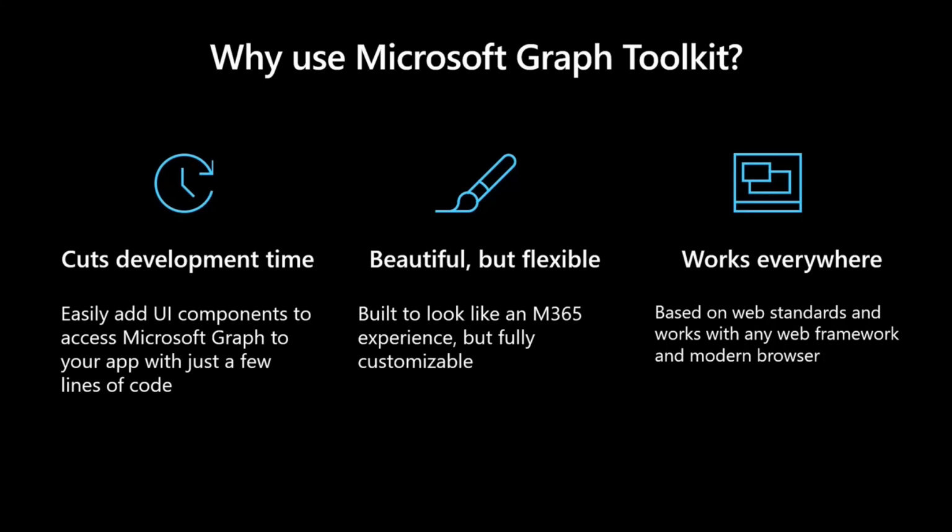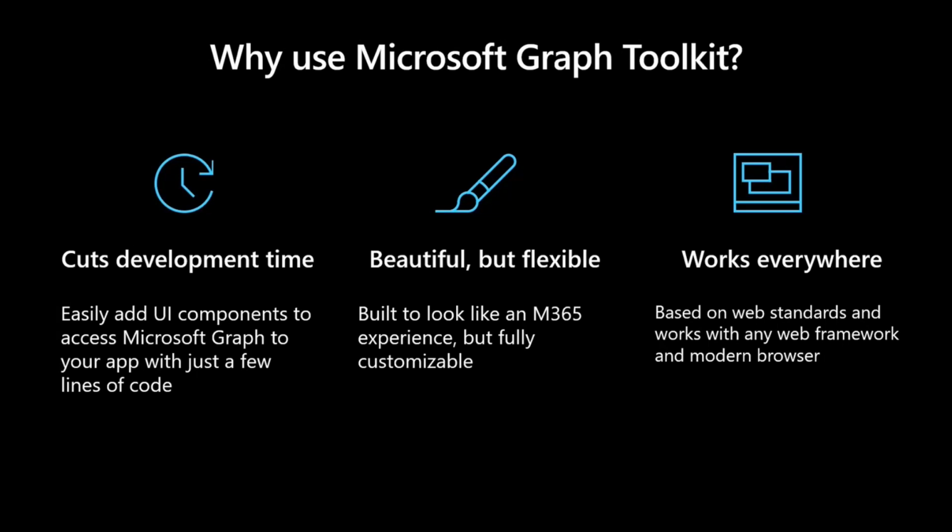No, I just want to bring the UI components and work with them right off the bat. I also want to build something that is beautiful but is flexible. And then again, I'm very lazy. And on top of that, as a developer, I'm not the best designer in the world. So when I'm using the Microsoft Graph Toolkit, I'm using a library of controls that look exactly like the Microsoft 365 experience. So when I have the Microsoft 365 experience in my app, it means that my users are used to these experiences, are used to the behaviors that underpin these components.